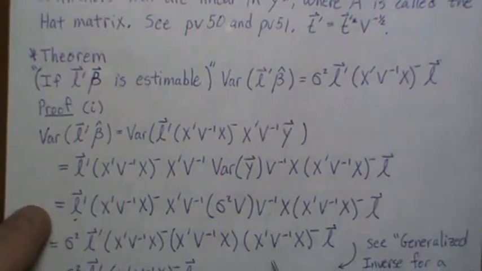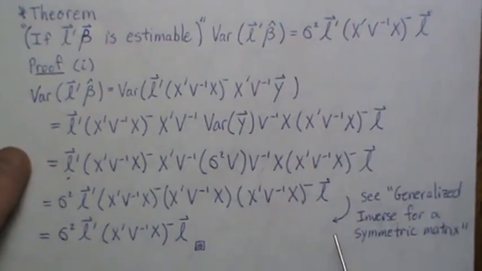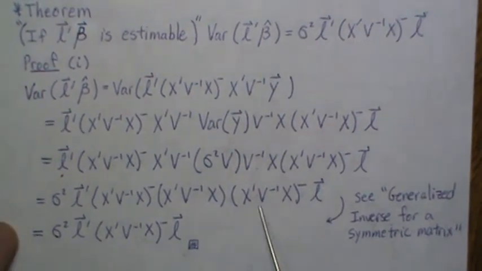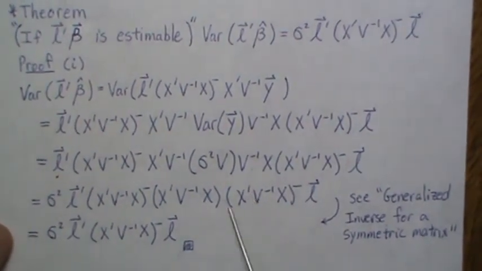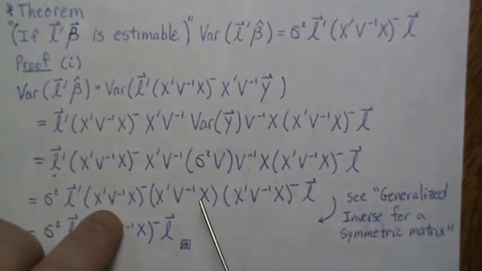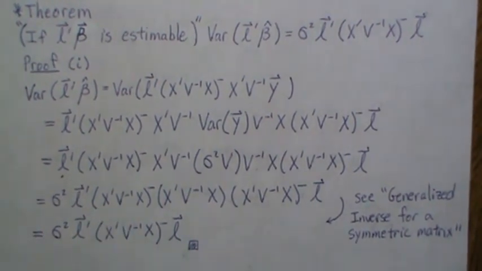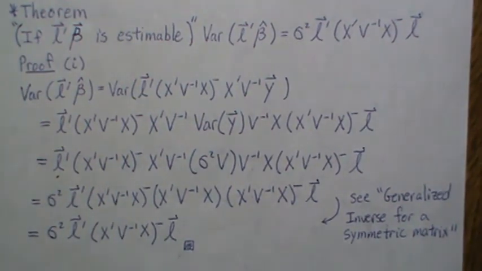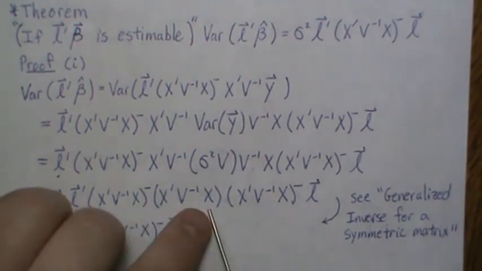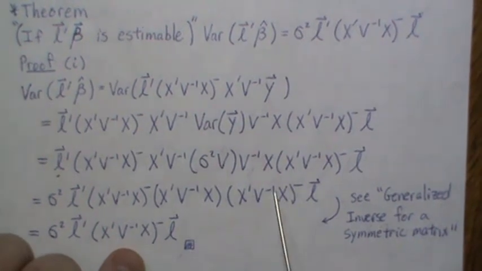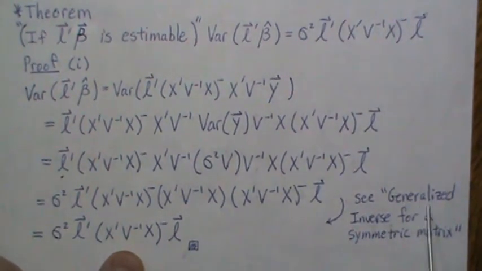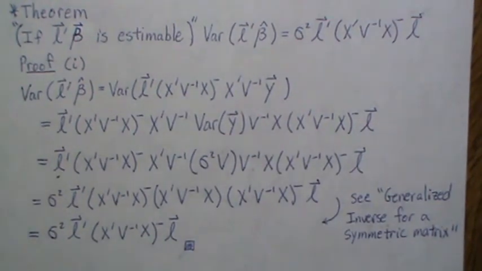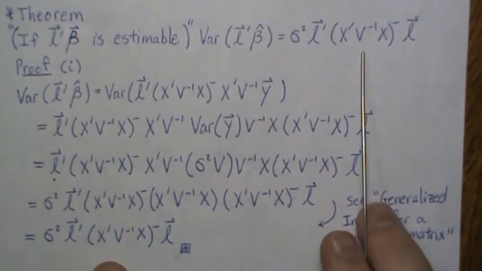So this is kind of opposite. But there's a video that I put out called Generalized Inverse for a Symmetric Matrix. And this matrix is symmetric. And so then it actually becomes what's called a 1-2 inverse of the generalized inverse. And then this is actually equal to just this generalized inverse. And this video here kind of makes reference to that. Well, and then we're done. That's the proof that it equals this.